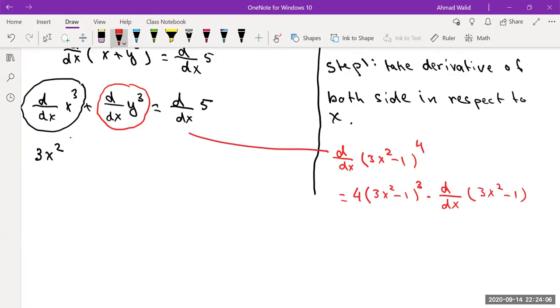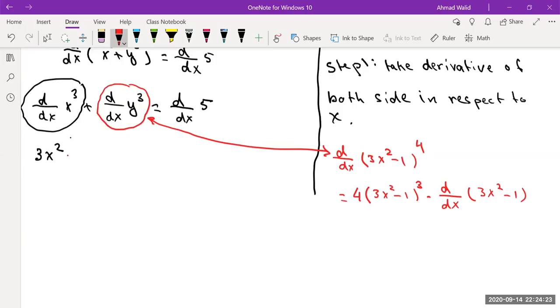Compare this with here. D dx of y cubed, because I told you we treat y as a function of x, then it means here I have to apply the chain rule.